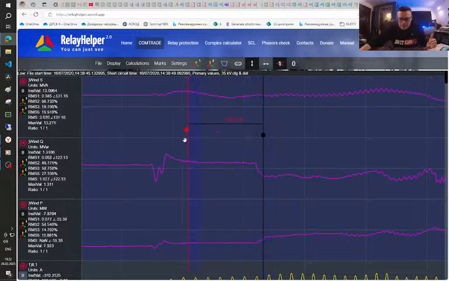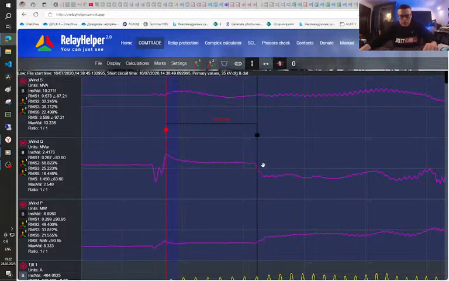But later, after 160 milliseconds, it starts to produce reactive power. So this time was spent by the inverter to begin to switch to a different mode and begin to produce reactive power.